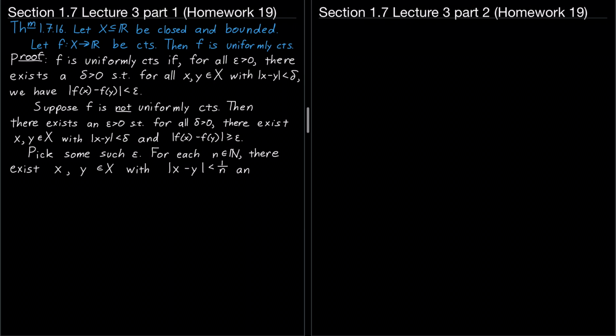So x and y are within 1 over n of each other. And the other thing we need is that |f(x) minus f(y)| is at least epsilon. Now we're going to use this for all natural numbers n, so let's label them. Let x_n, y_n be the ones that are within 1 over n of each other, and then |f(x_n) minus f(y_n)| is greater than or equal to epsilon.